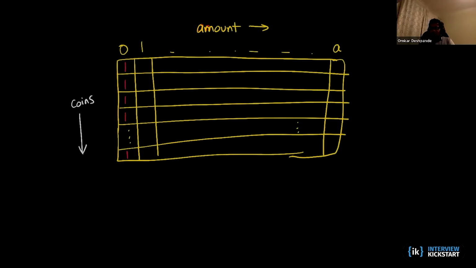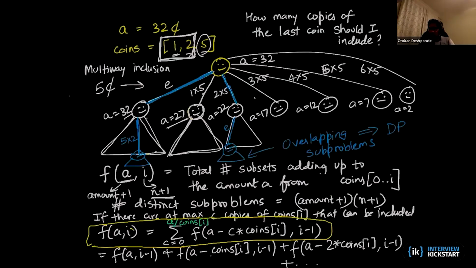If we treat the top row as coins of 0, the next row would be coins of 1, and so on. If we do it that way, then these values here will need to be computed from the recurrence.